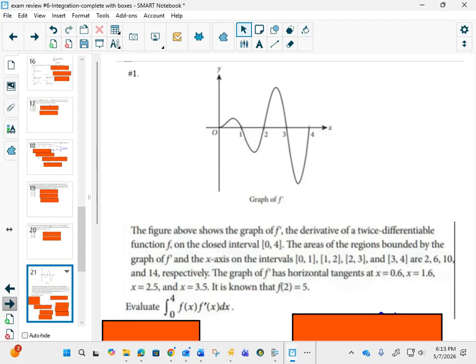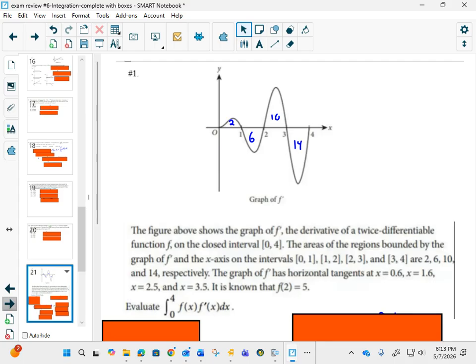The areas of the regions bounded by the graph of f prime and the x-axis are: this is 2, this is 6, this is 10, and this is 14. Here they're saying the area bounded by the curve and the x-axis, so you always consider those areas as positive. Okay?